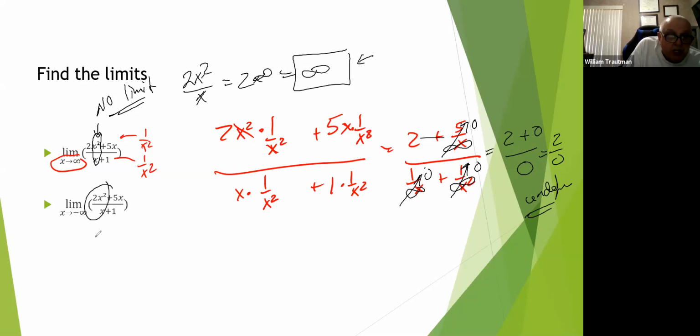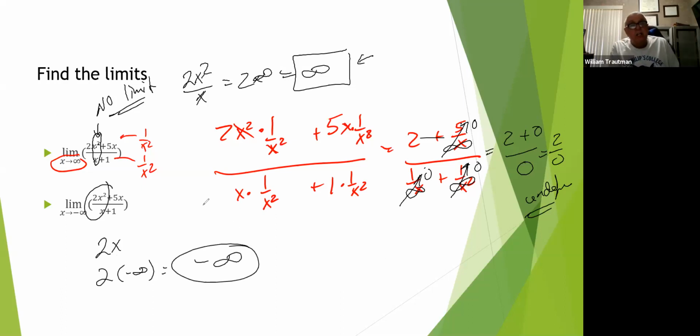Same way with here. One of the x's cancel and you put negative infinity in here, you end up with 2 times negative infinity is negative infinity. So when it tells you we're dealing with infinite limits, you can say infinity or negative infinity. If it doesn't say infinite limits, then you have to say there's no limit. And when we do the review, I'll show you that in problems that say infinite limits, you can say infinity.